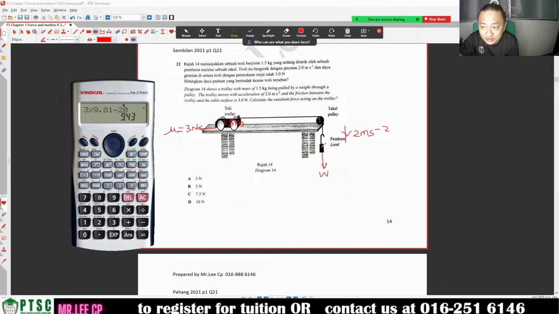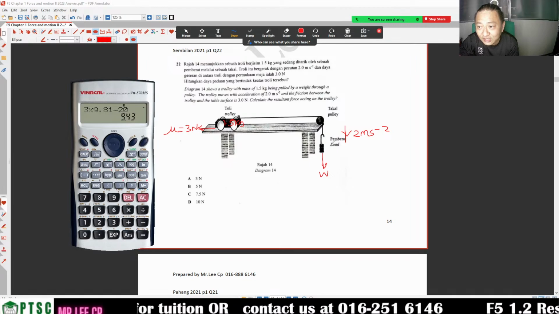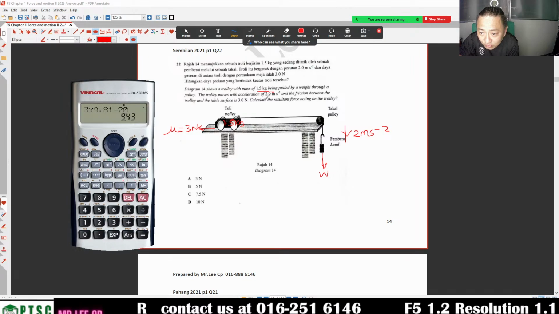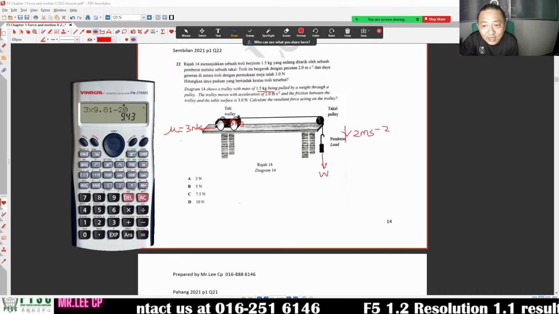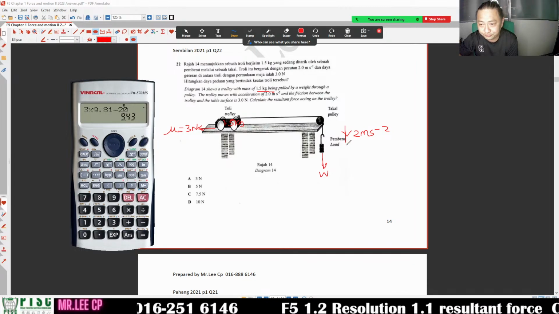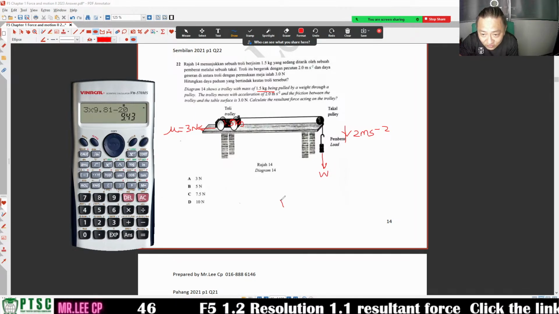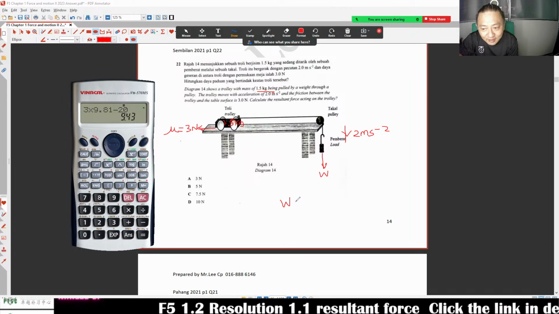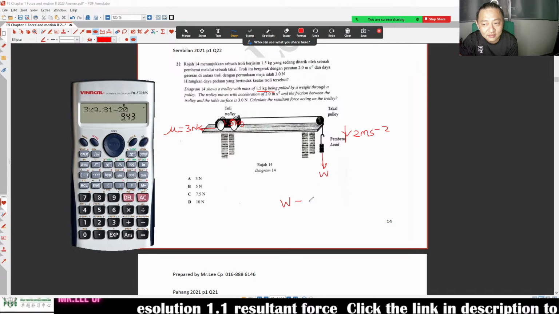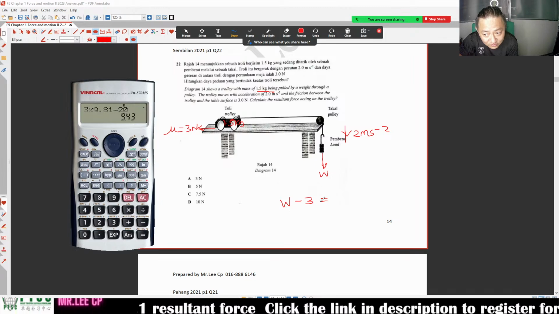Because I don't have the mass here. If I got the mass, it is okay. What is this 1.5? A trolley pulled by the weight. If I want to find the weight, I do it fast: W minus 3 is equal to MA.